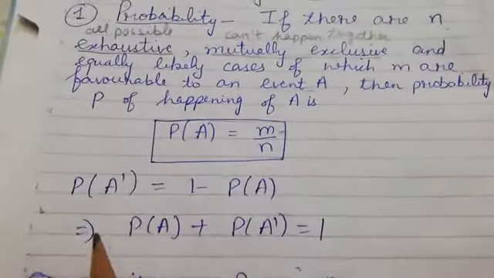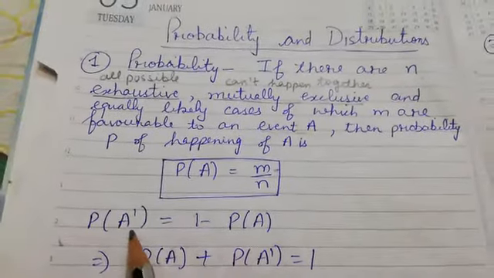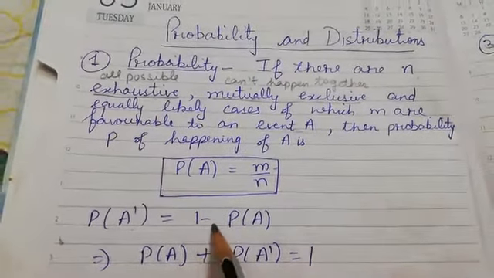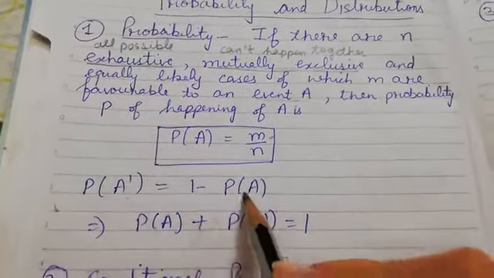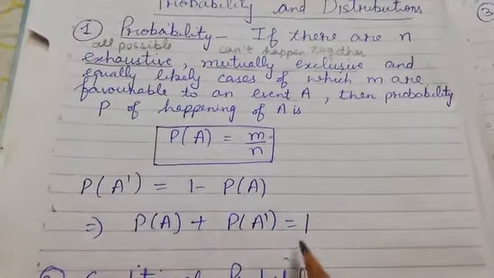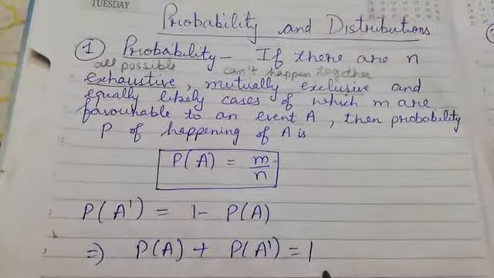Then the probability of non-happening of A will be 1 minus the probability of happening of A. So the addition of these two complementary events will be equal to 1.